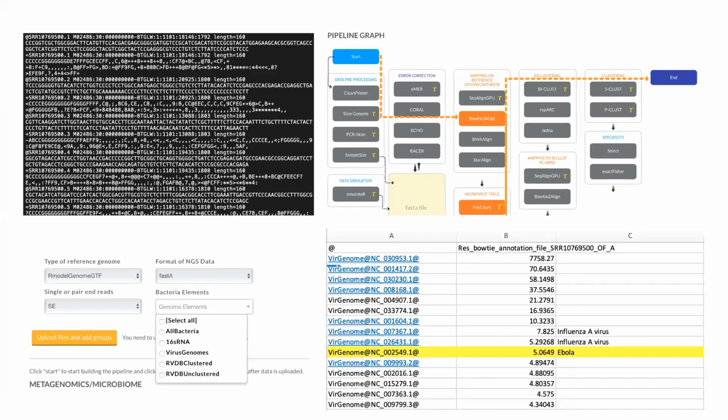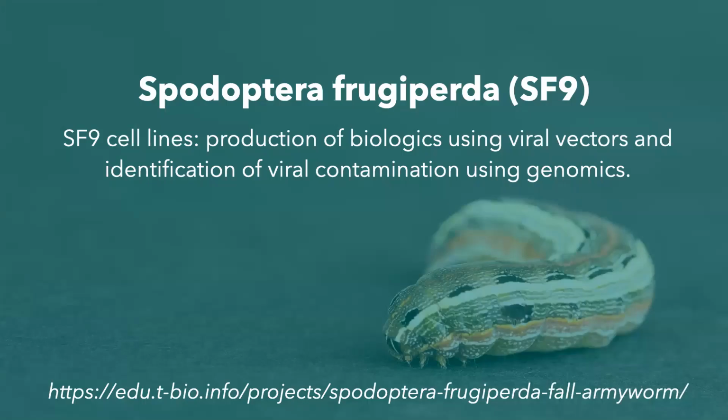The second example was from SF9, which is Spodoptera frugiperda, a different organism. In fact, what I wanted to tell you next is that there's a project on Spodoptera frugiperda SF9 cell lines. It is a cell line that is used for production of biologics. Who knows what biologics are?